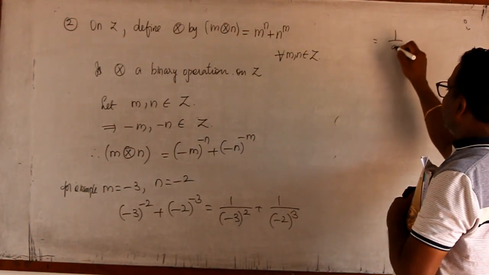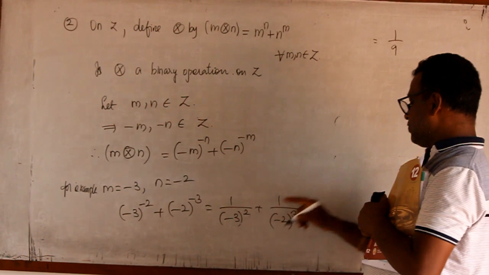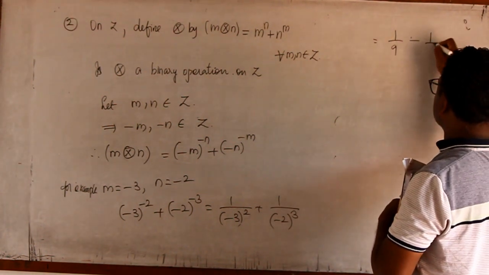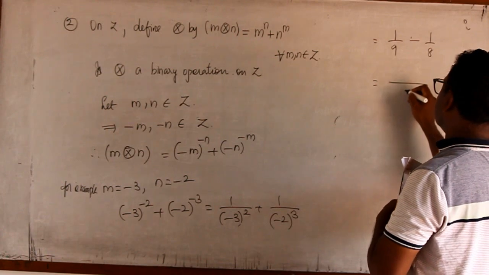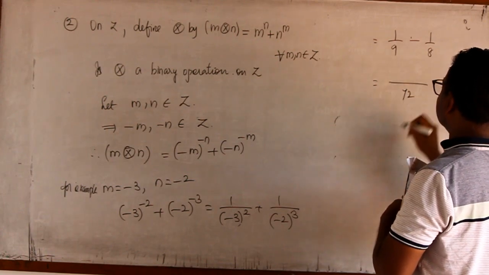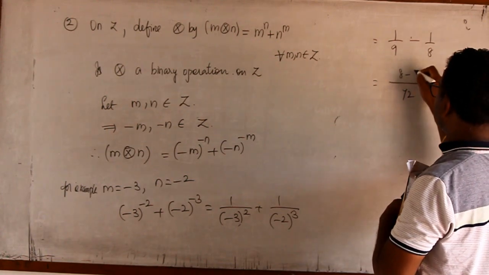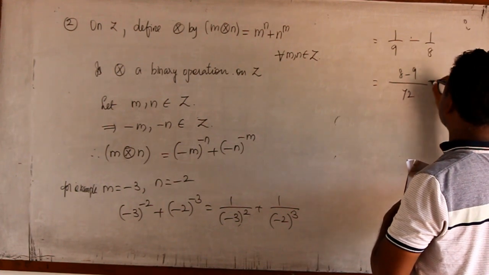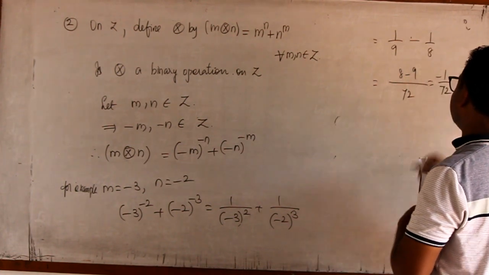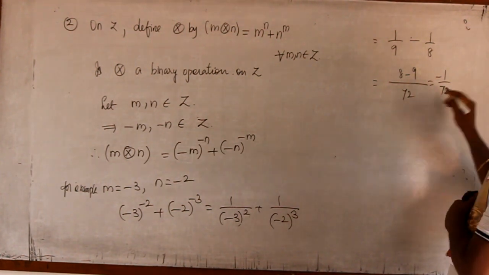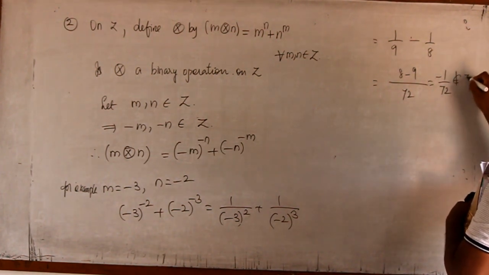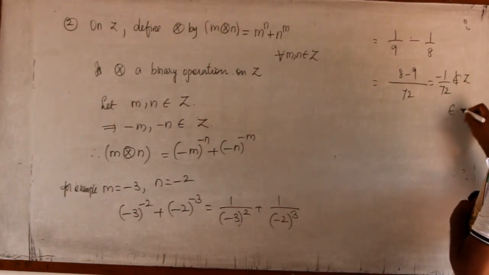It is 1 by 9, no problem, because it is a square, whereas it is minus 1 by 8. When I go for LCM, 9 8s are 72. Then it is 8 minus 9, minus 1 by 72. Now it is a fraction I am getting, which does not belong to Z. It belongs to Q only.